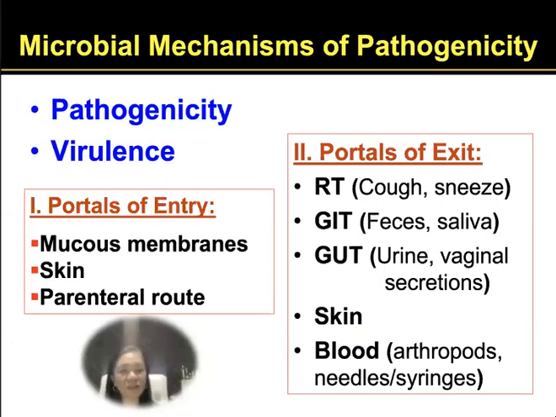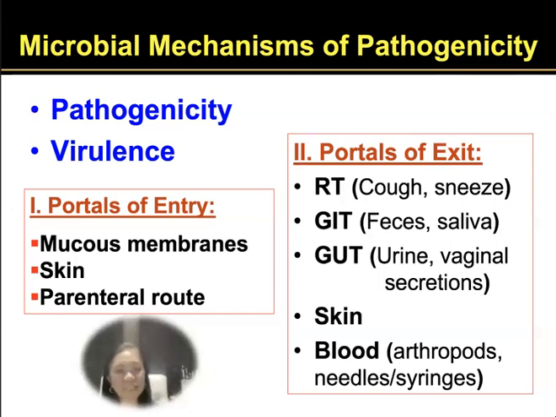So, kung virulent ka, ibig sabihin nun, ang taas ng degree of pathogenicity ng organism. Ang pathogenicity is the ability to cause disease. Pag sinabi mong pathogen, yun yung organism. Pag sinabing pathogenic, disease-causing. Pathogenicity, ability to cause disease. Virulence, degree of pathogenicity. Okay?